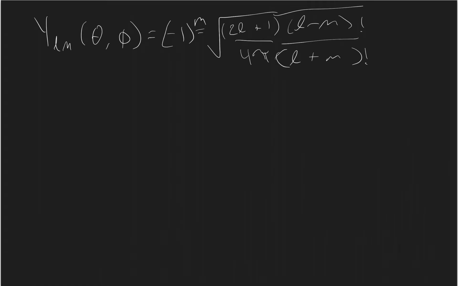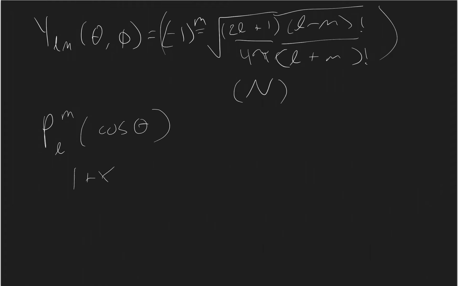We're taking basically the quotient of them as factorials, and this is our normalization factor, which we'll usually refer to as N, times the Legendre polynomials here, which are just polynomials like 1 plus x, x squared, x cubed, and so on.